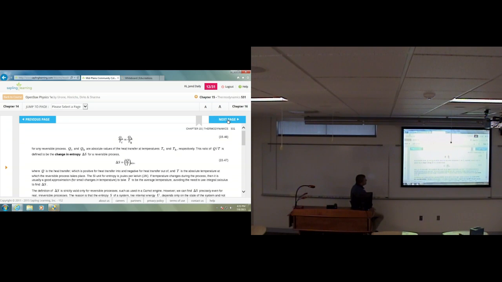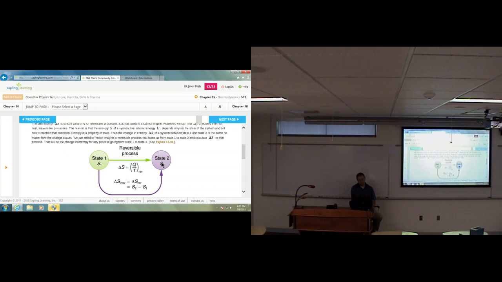And we're going to define the change in entropy as Q over T for a reversible process. Take the heat flow divided by the temperature, and you get the change in entropy. So remember, this is for a perfect, reversible process.